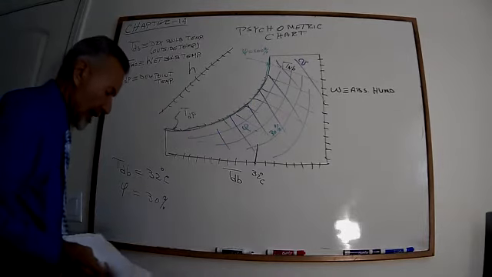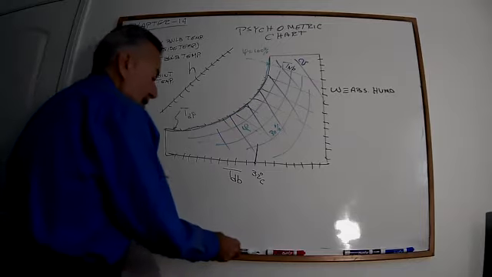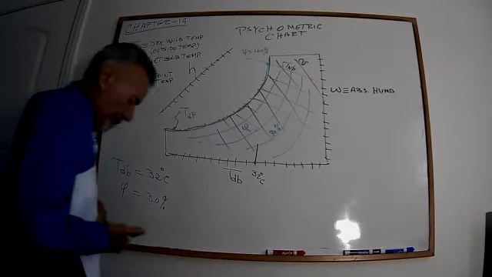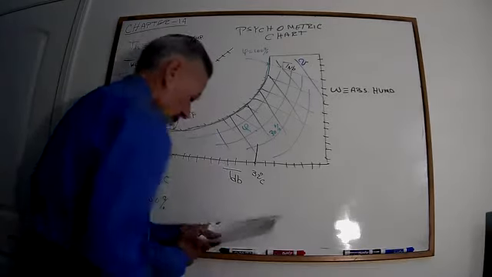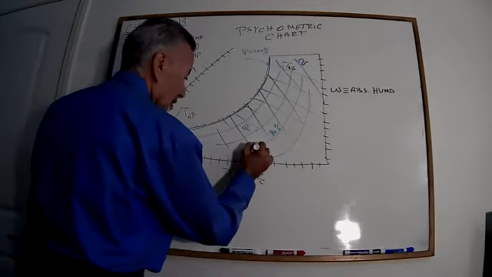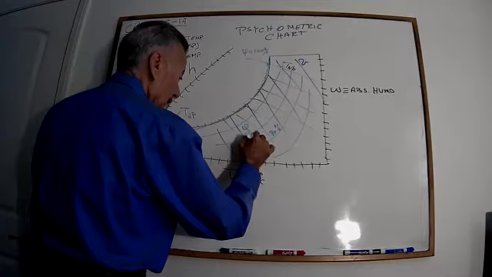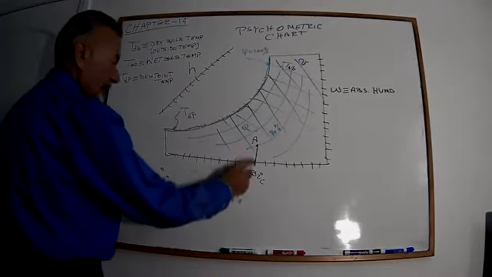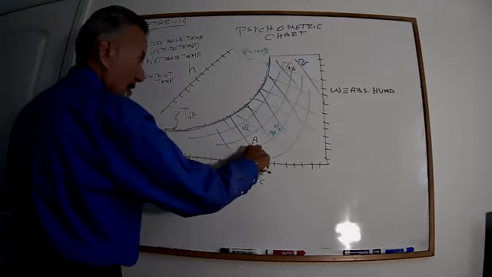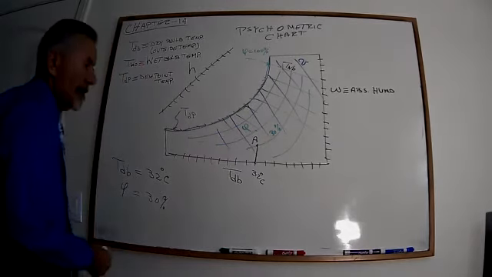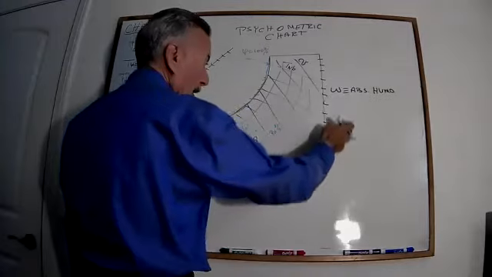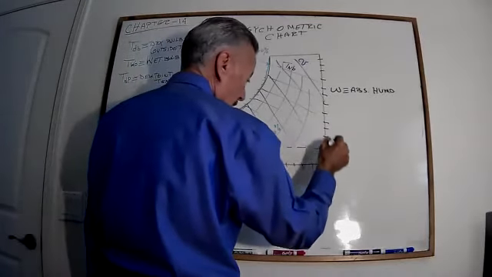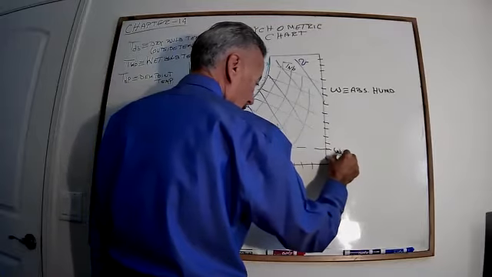So at this point, this becomes my point A. So based on these two parameters, I find where that point lands in the psychrometric chart. So if I want to find omega, I simply draw a line, go to the right, this becomes omega of A.